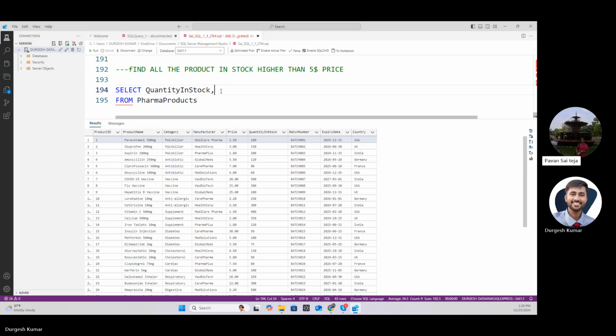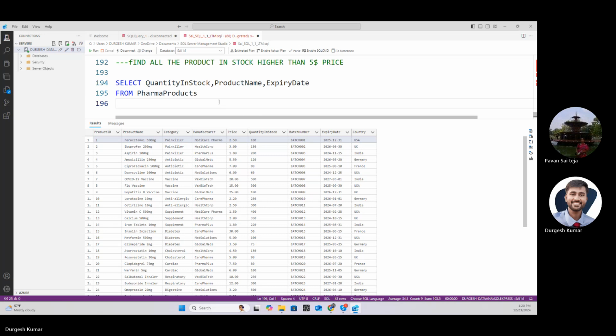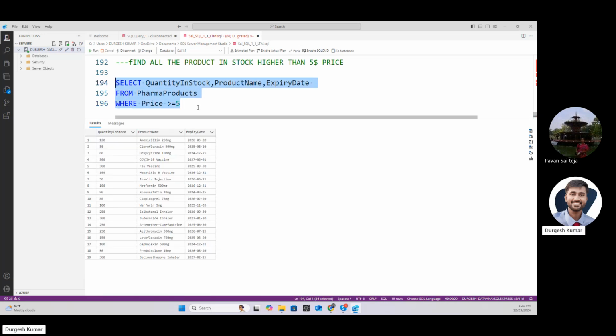So select quantity in stock, product name, expiry date from pharmaceuticals where price greater than or equal to 5. Okay, perfect.